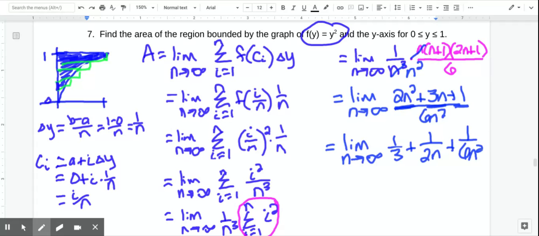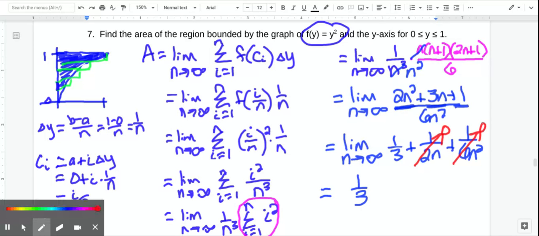I'm going to plug in infinity, because remember we're taking the limit as n approaches infinity. So that first term is just 1/3. And here, if we plug in infinity, 1 divided by 2 times infinity, that's just going to be 0. 1 divided by 6 times infinity squared, that is also going to be 0. And so our answer is 1/3.